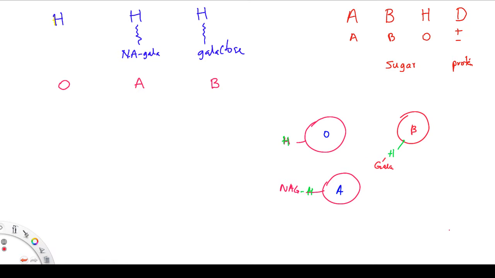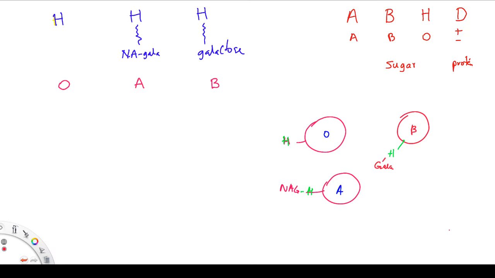Now, the positive and negative depends on whether an RBC has the D antigen or not. If they have the D antigen, it's considered positive. If they don't have it, it's considered negative. So O can be positive or negative, depending on whether they have D or not. A can be positive or negative. Same thing with B. So total, how many types of blood are there?